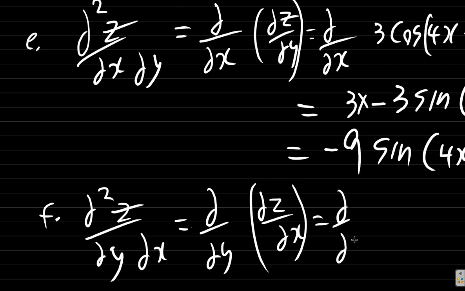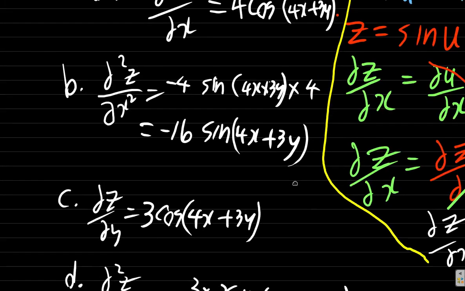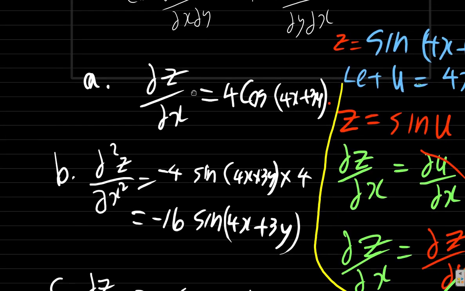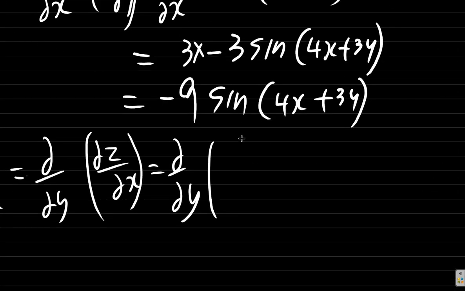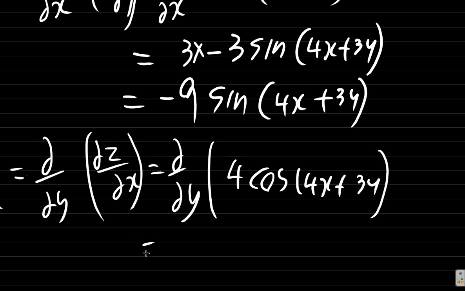Which means del by del y of, what was del z by del x again? Del z by del x. 4 cos 4x plus 3y. So we have 4 cos 4x plus 3y. So we want this with respect to y.